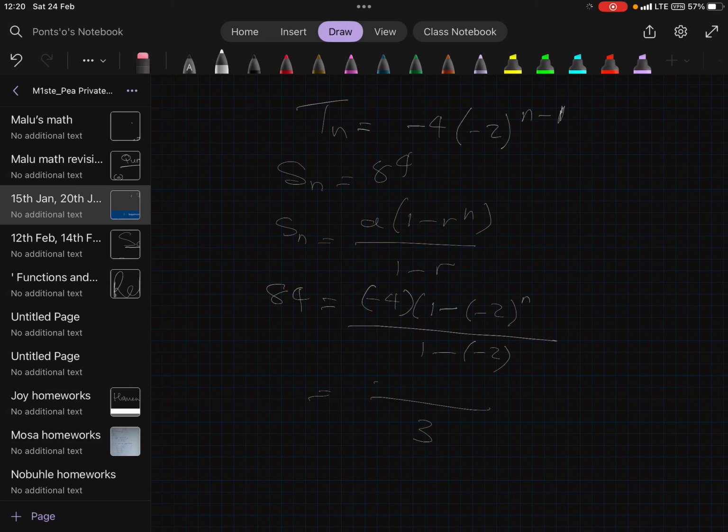Then we'll have negative 4 plus 4 times 2 to the n equals 84. Or maybe let me not do that because it's going to complicate things.